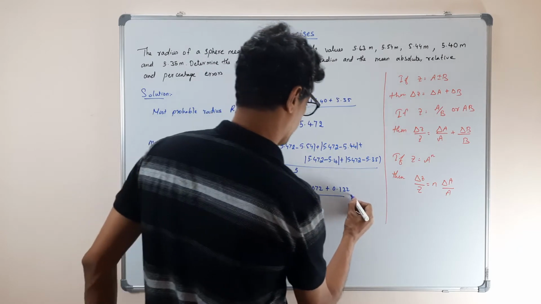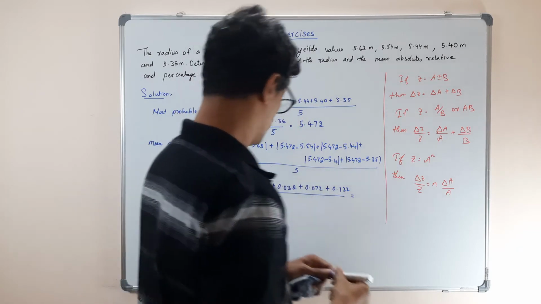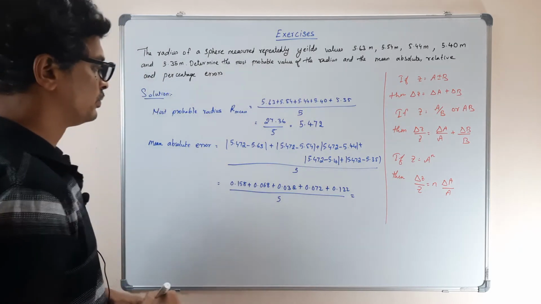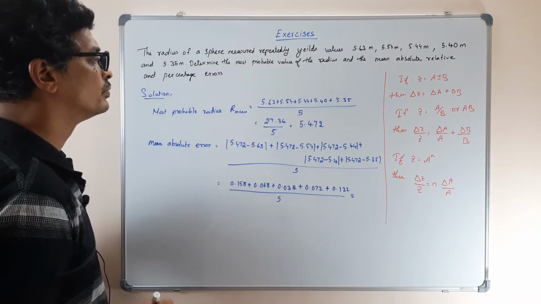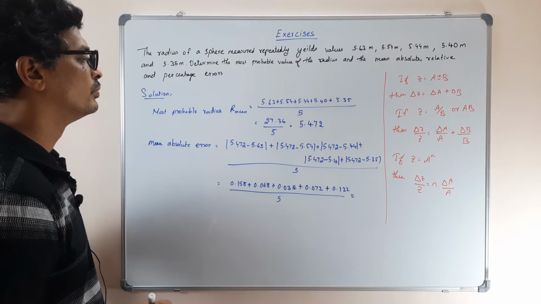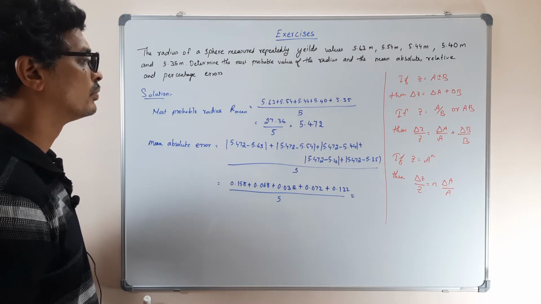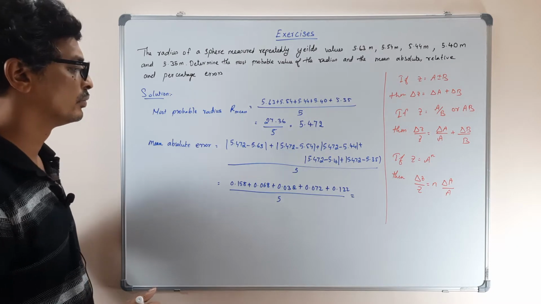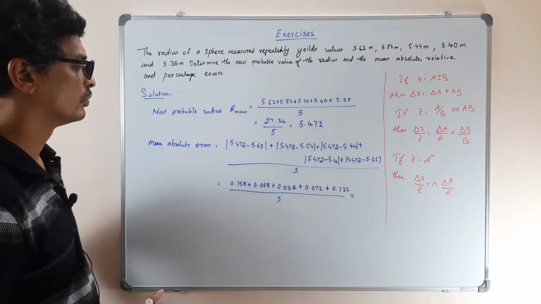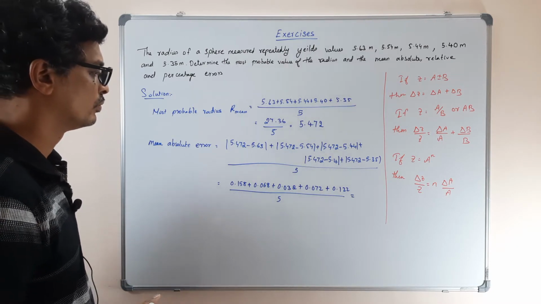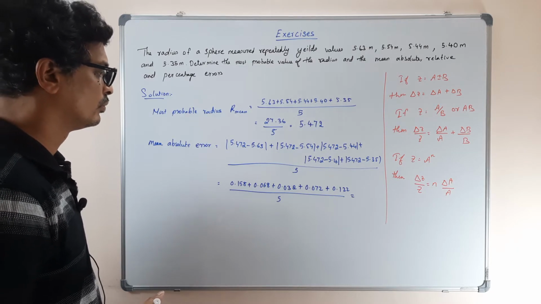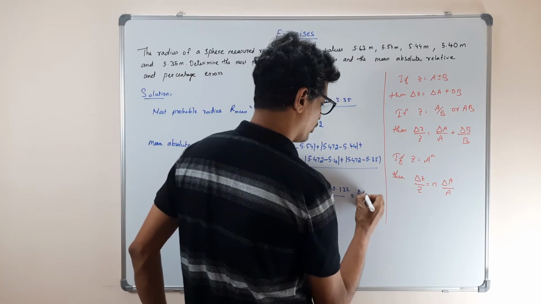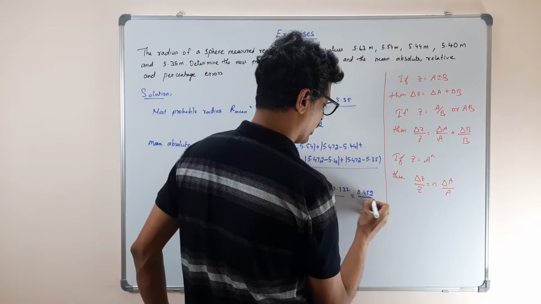Let me do it here itself. This is 0.52 divided by 5, correct?